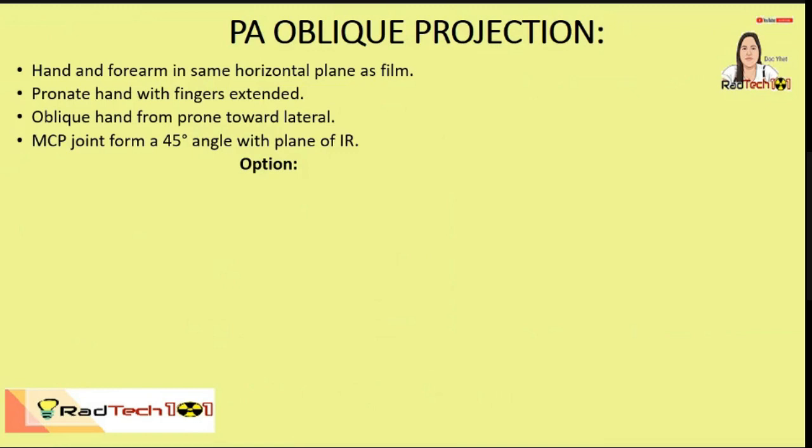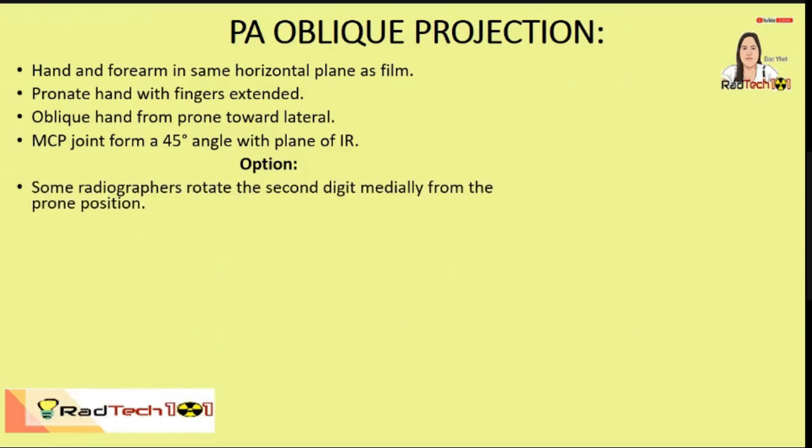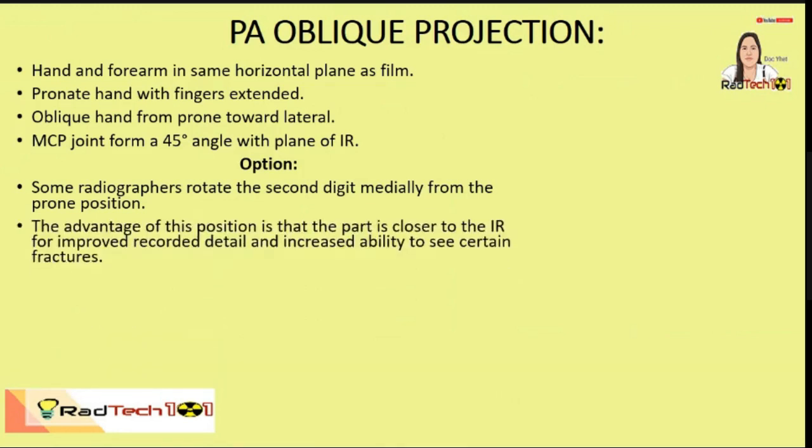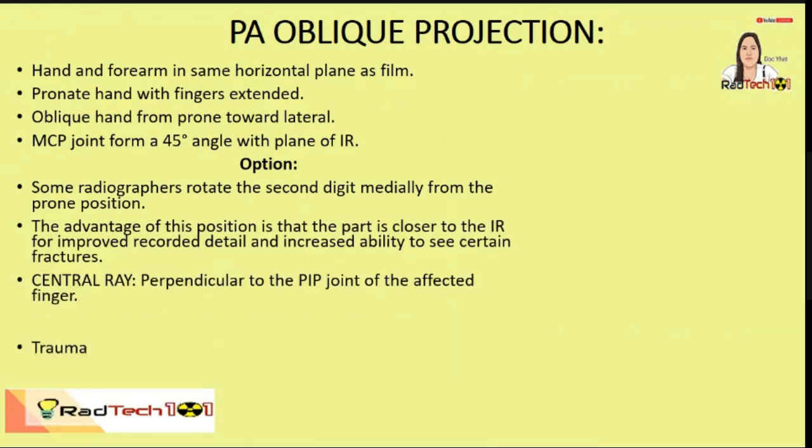So kung naka-prone yung patient, then mag-oblique ka lang. So you pronate your hand towards the lateral side. The metacarpal joint forms a 45-degree angle with plane of the image receptor. So may picture ako dyan para mas maintindihan nyo.